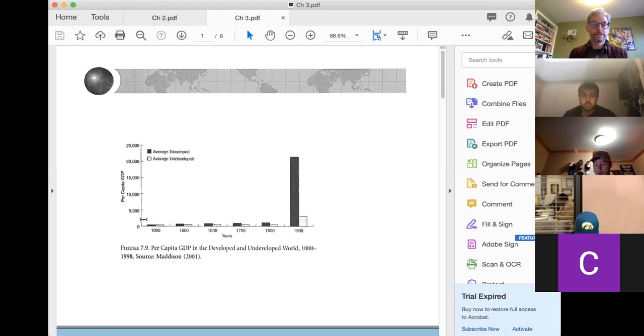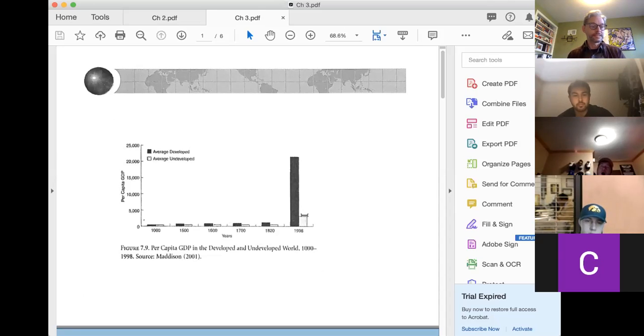If we move forward to the year 1500, we begin to see the developed countries pull ahead a little bit, but there's still not really much difference. It's only when we get to the Industrial Revolution that countries that are developed today got significantly richer. Countries that are less developed got richer too, but by a much smaller proportion, right?